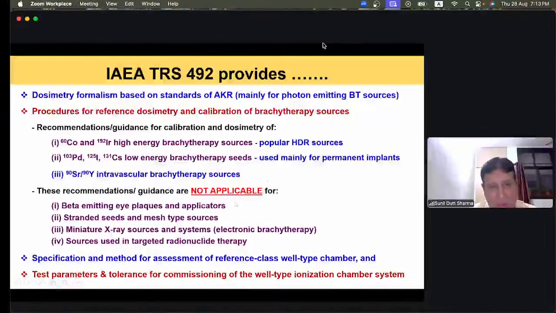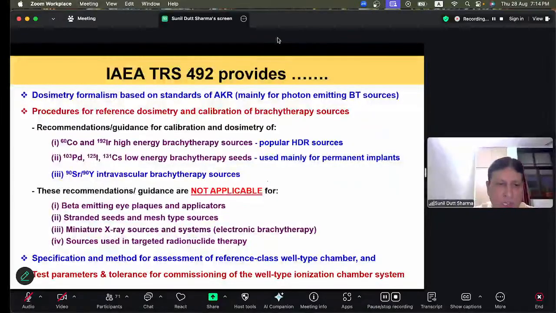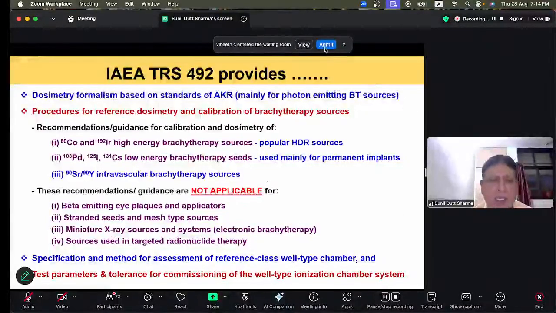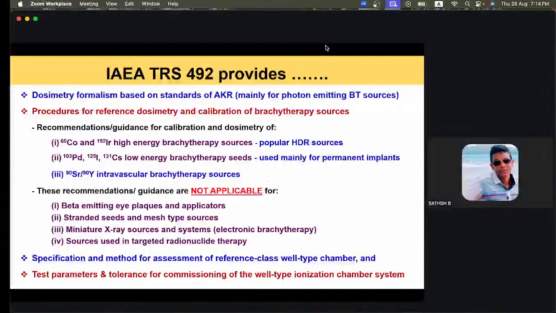Please take a note. These recommendations are not applicable for beta emitting eye plaques and applicators like ruthenium-106 eye plaques, which are very commonly used for managing ocular cancer cases. So this approach has not yet been provided. Stranded seeds and mesh type sources which are used for interstitial brachytherapy, miniature X-ray source which is used as a source for even gynec brachytherapy and other brachytherapy applications, popularly known as electronic brachytherapy device, and it emits X-ray of energy about 50 kV.